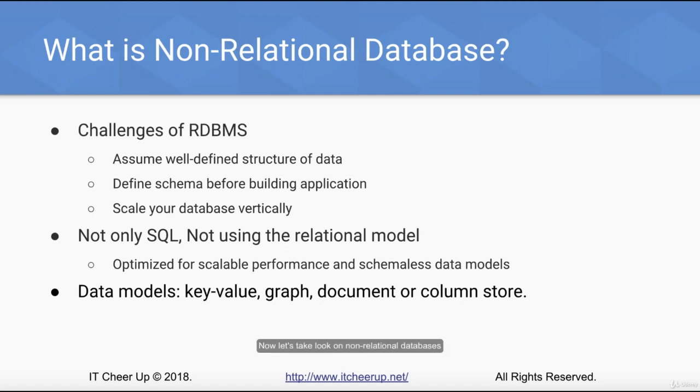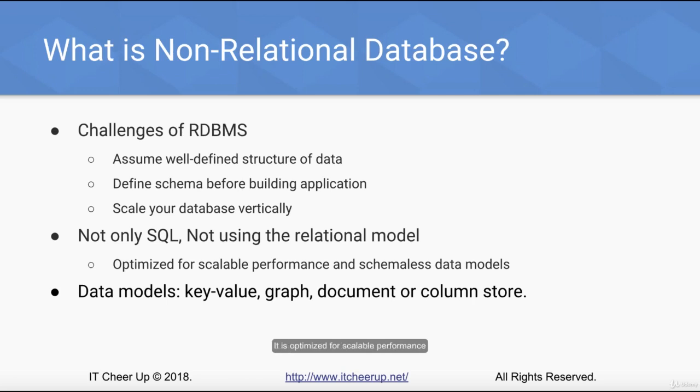Now let's take a look at non-relational databases to see if they solve the challenges of relational databases. A non-relational database is a NoSQL database. NoSQL means not only SQL. NoSQL databases provide a mechanism for storage and retrieval of data that is modeled in means other than the tabular relations used in relational databases.